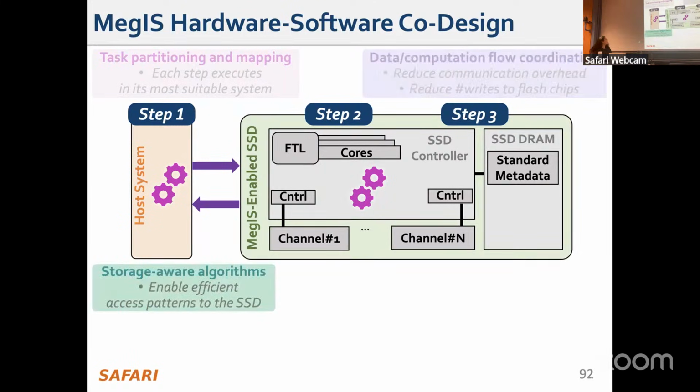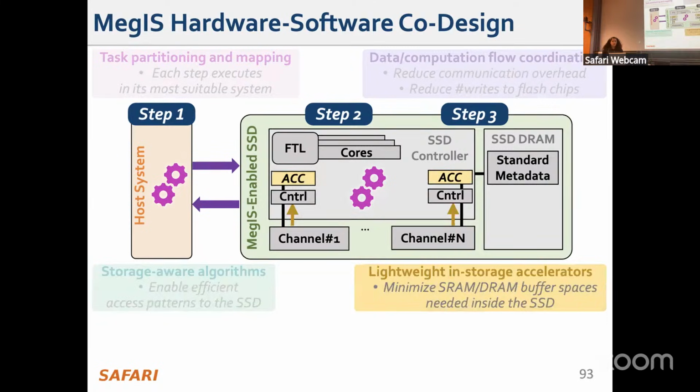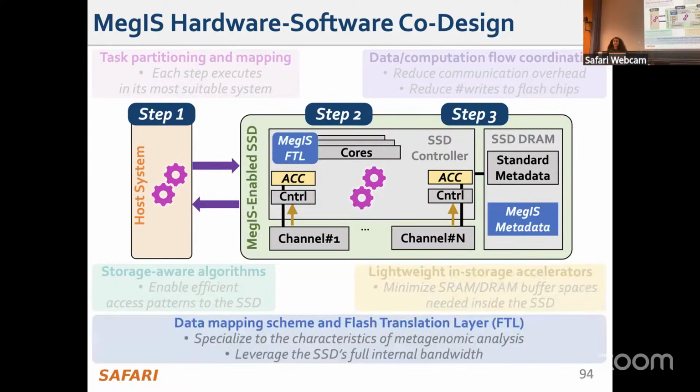Another key aspect of our hardware-software co-design is, again, storage-aware algorithms enabling efficient access patterns to the SSD. You've heard about the same type of things in the previous design that I talked about. Then the fourth aspect is lightweight in-storage accelerators to minimize SRAM and DRAM buffer space needed inside the SSD.